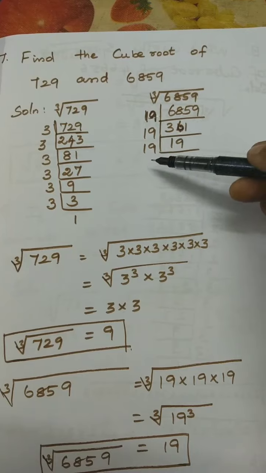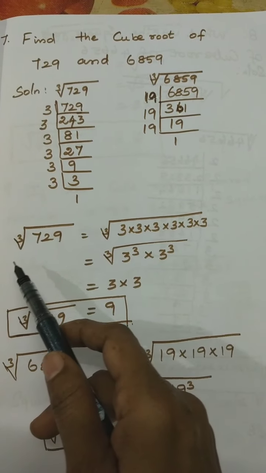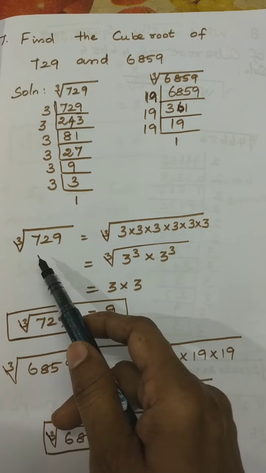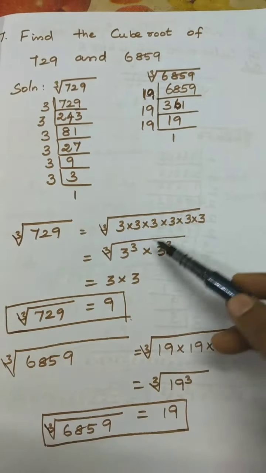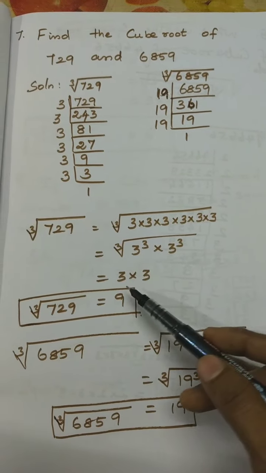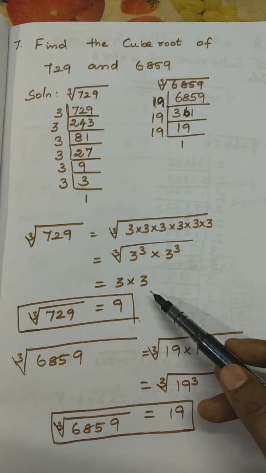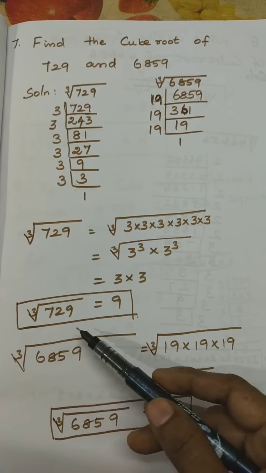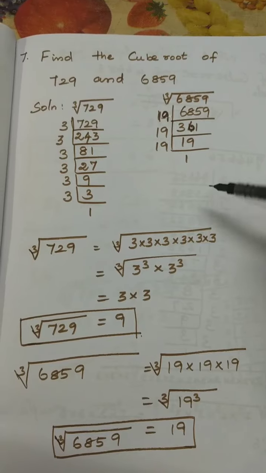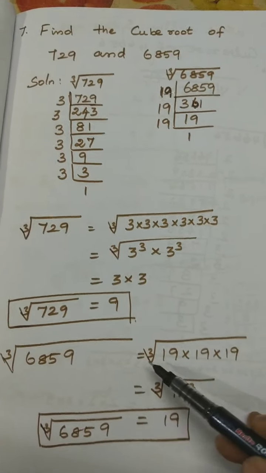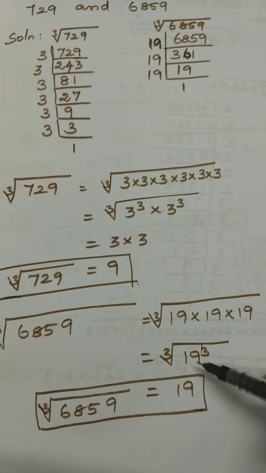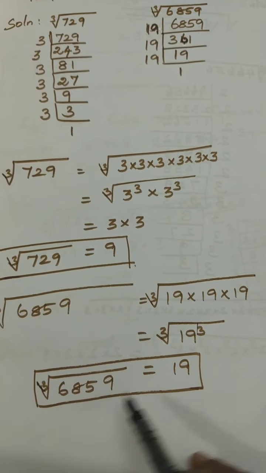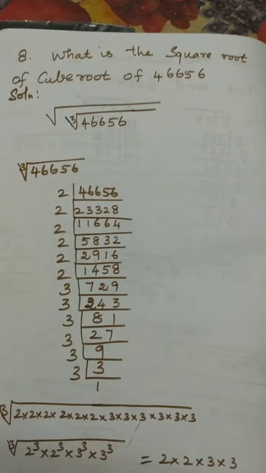So 19, 19, 19. Now take the cube root of 729. How many 3's are here? 6 3's are here: 3 cube, 3 cube. Take 1 3 outside, 1 3 outside, then the cube root of 729 is equal to 9. Then take this. Here 3 19's are coming, so 19 cube, and the cube root gets cancelled, and the answer is 19.